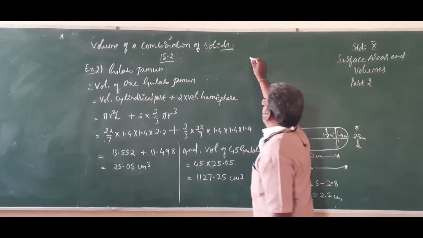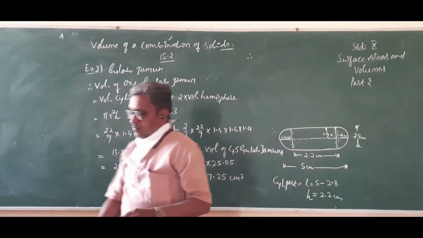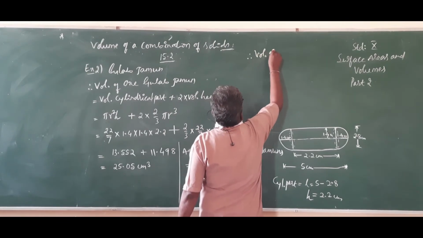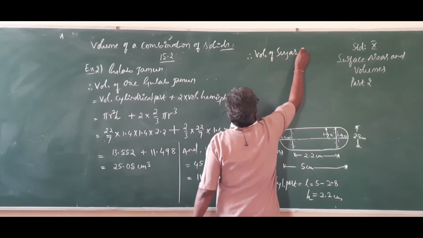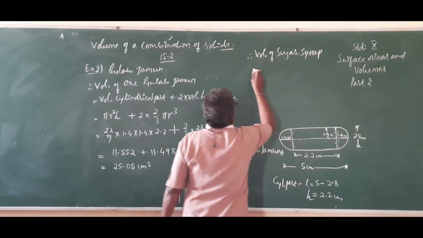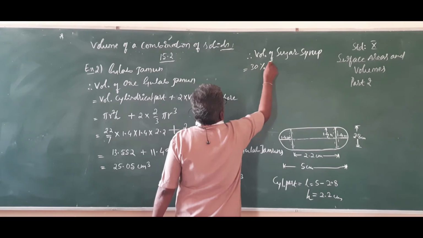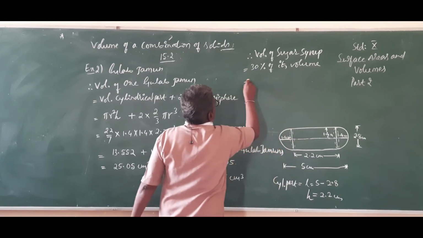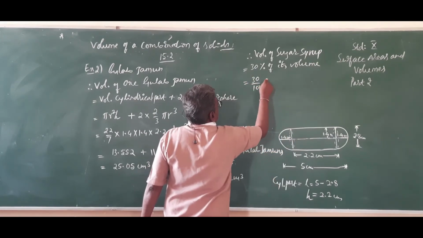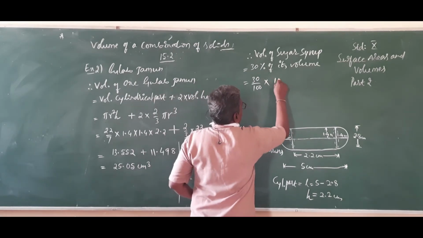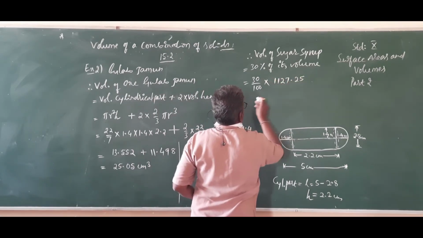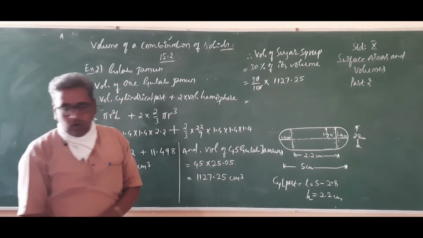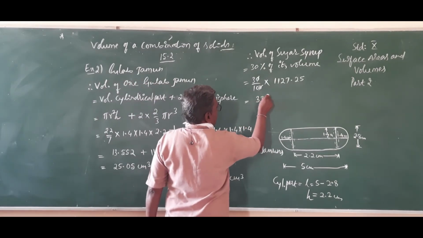Therefore, volume of sugar syrup is equal to 30% of 1127.25, which is equal to 338.17.